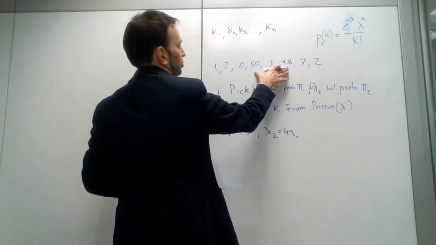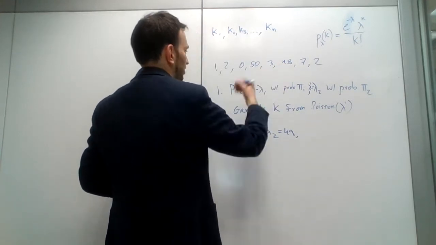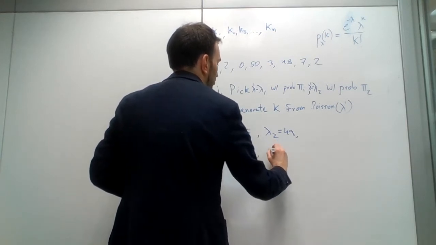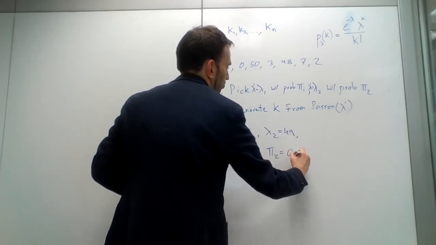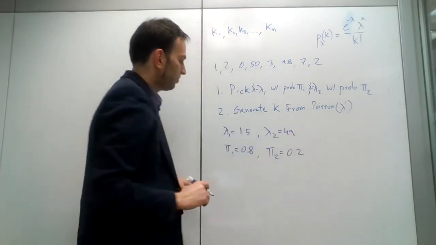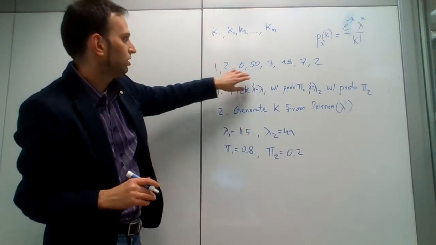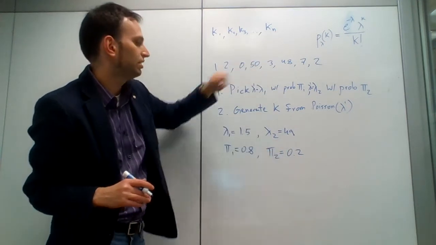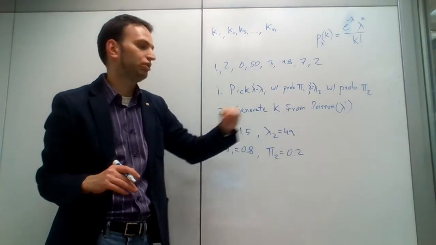And there are fewer of those, so maybe pi 1 is pretty large, maybe 0.8, and pi 2 is 1 minus 0.8, so 0.2. Clearly here you picked lambda 2, which was a low probability event, but it happened, and then you generated a 50 from this Poisson distribution.